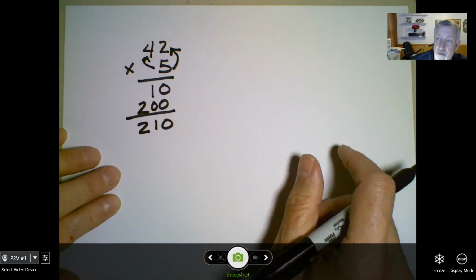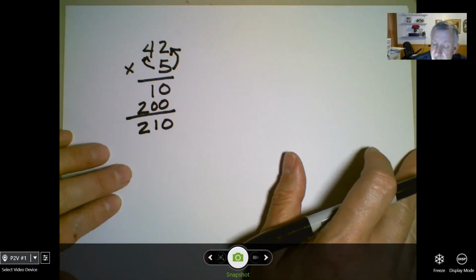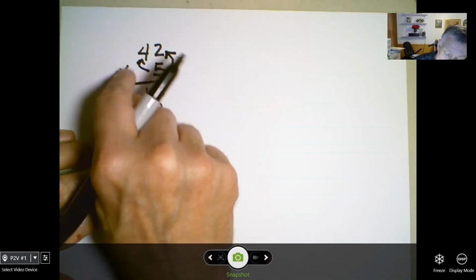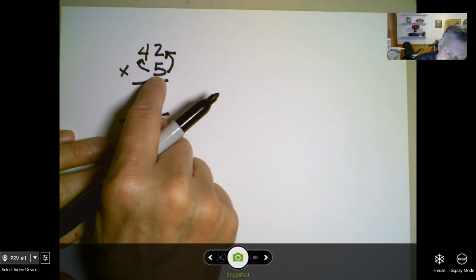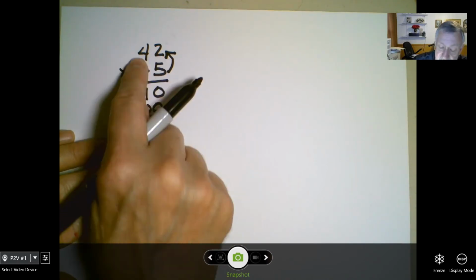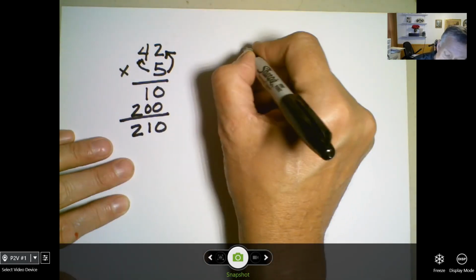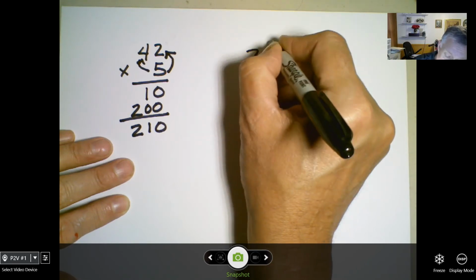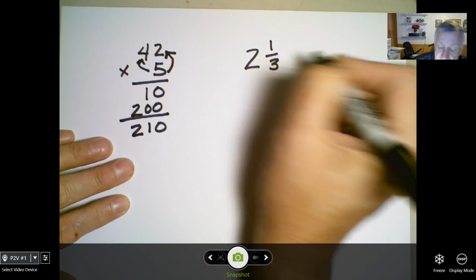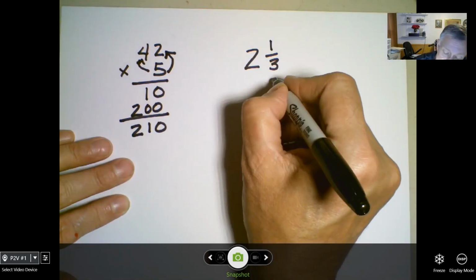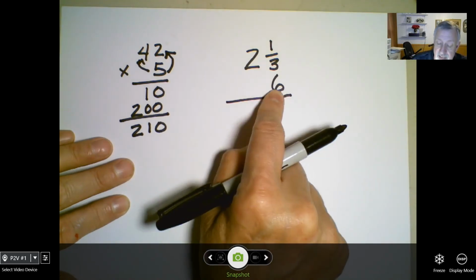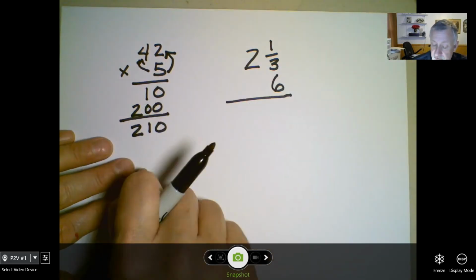Well, now we're going to look at multiplying a mixed number times a whole number. Okay, and remember this diagram where we had to multiply 5 times the ones place and 5 times the tens place. So let's take a fractional number like 2 and 1/3, and let's multiply that times 6. Okay, now what I have to do, think of this as place value.